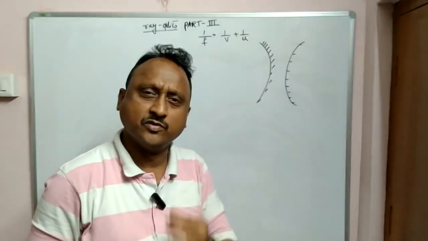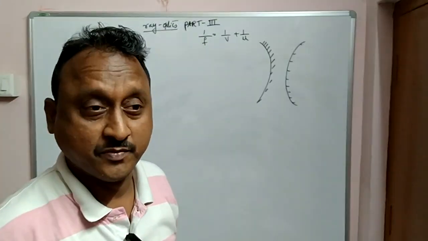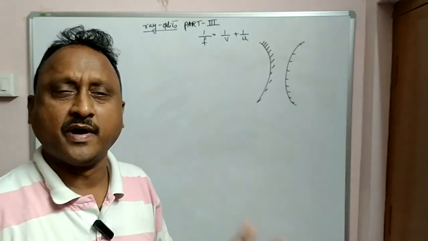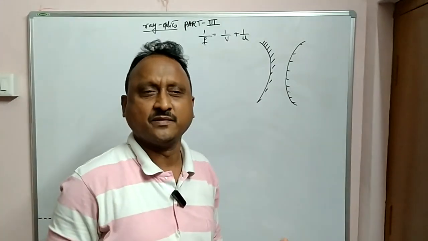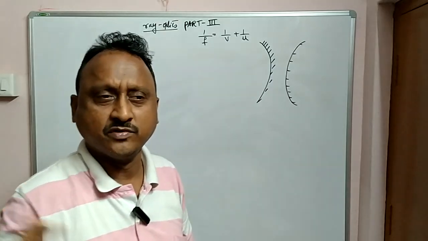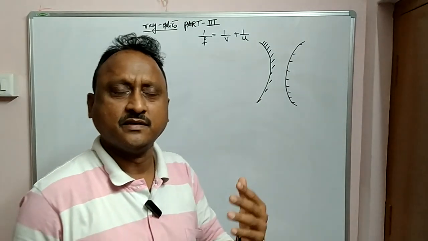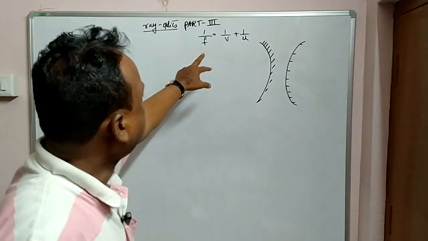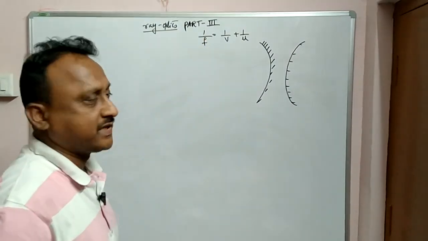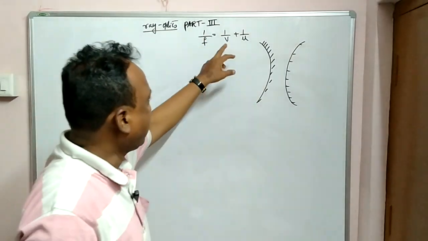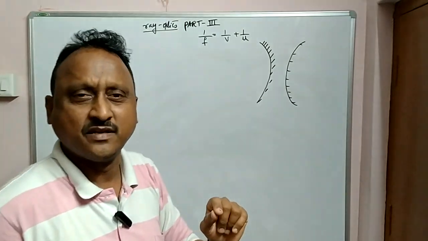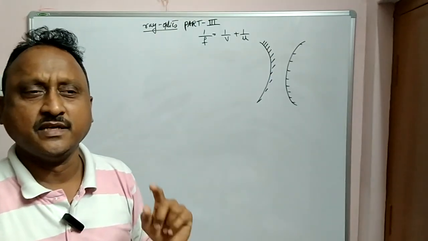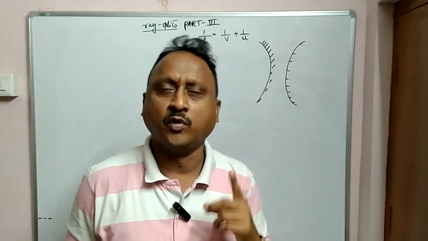Concave mirrors are generally used by dental doctors to observe things, and convex mirrors, I told you, are used in supermarkets to observe theft, and also in vehicles for the backside, to observe whether a vehicle is coming or not. In the mirror formula, f is the focal length, v is the image distance, always measured from the pole, and u is the object distance, also always measured from the pole.